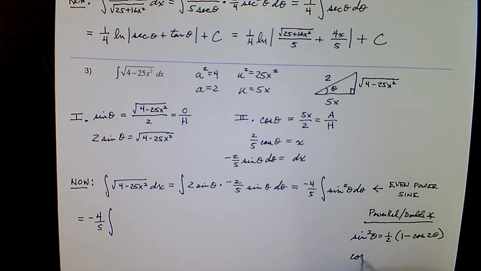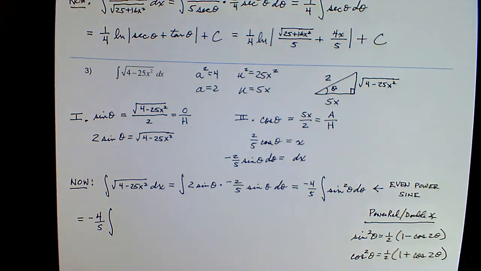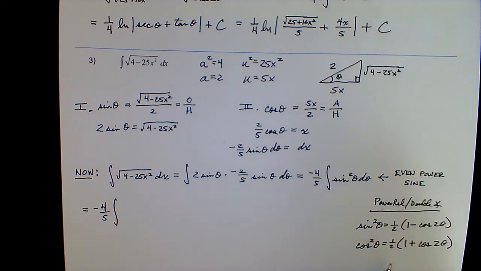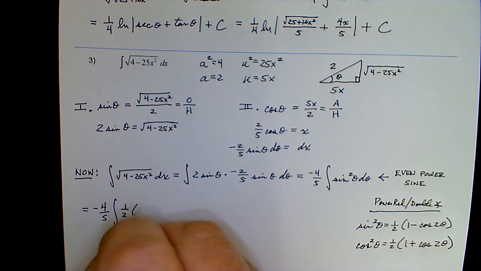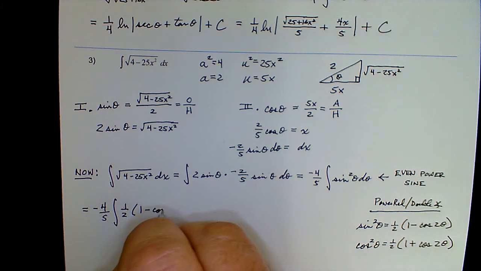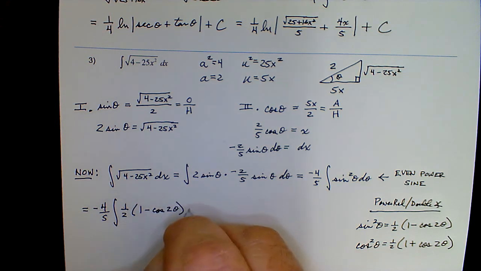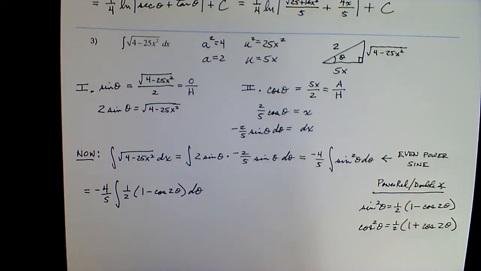And just in case you encounter it in the homework, if you end up with cosine squared, it's 1/2 times 1 plus cosine of 2 theta. But remember, for an even power of cosine, we have to use these formulas. Okay, so sine squared then, replaced by 1/2 times 1 minus cosine 2 theta, with respect to theta.